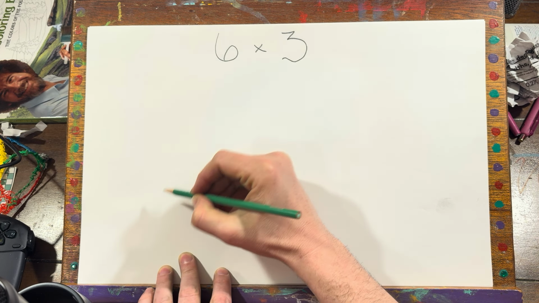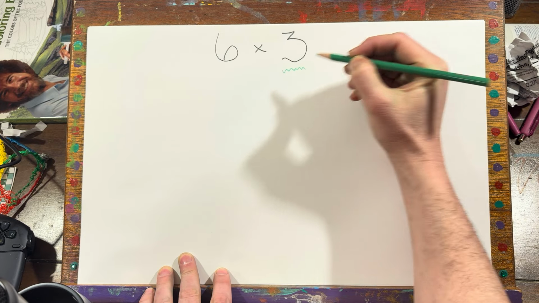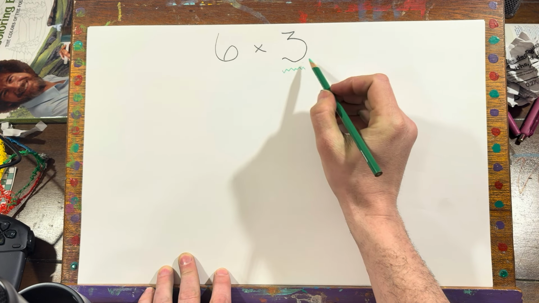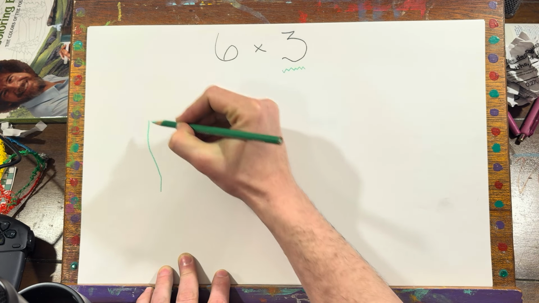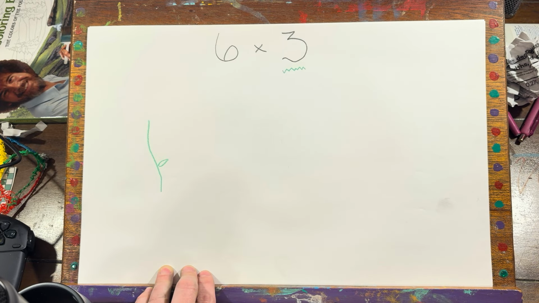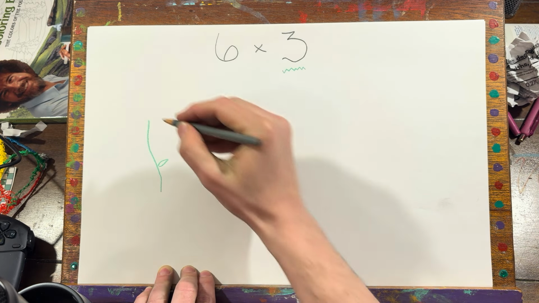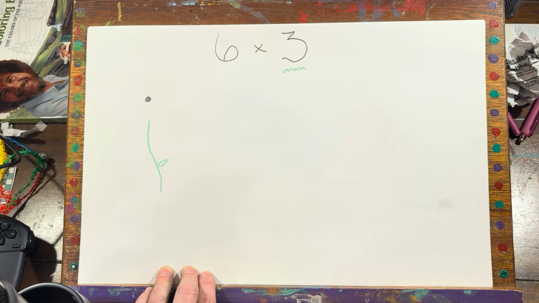First, I will draw this as a set of flowers. And I'm going to begin by drawing a flower with this many petals on it. So here's the flower. Here's the middle part of that flower where the petals come out of.